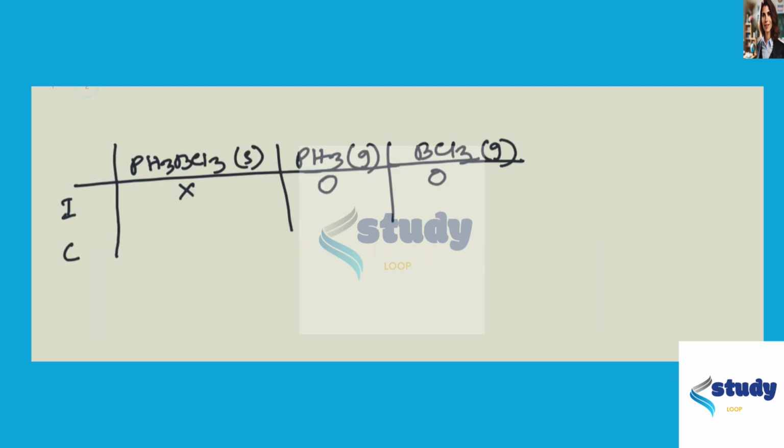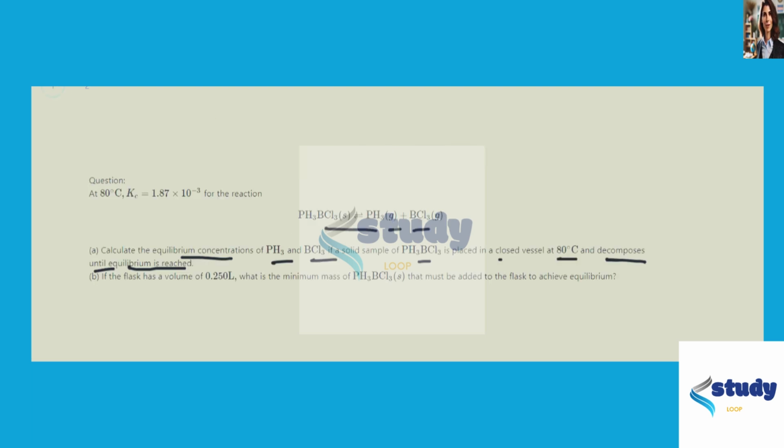So if we consider that x molar is the concentration which is consumed in reaching the equilibrium, then the change in the concentration of the reactant will be minus x, and the change for each product will be plus x, since from this reaction equation we can see that 1 mole of the reactant will produce 1 mole of each of the products.